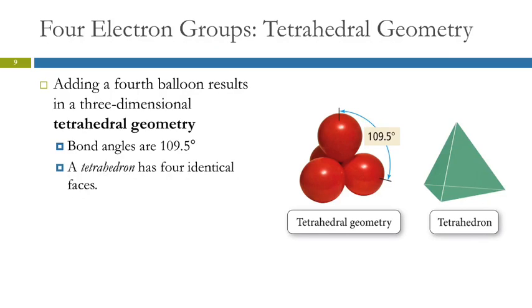We're taking that and dividing it into 4, and I honestly do not remember how to do that, if I ever knew. It's 109.5 degrees. I want you to remember that number, 109.5. So 4 things distributed in 3-dimensional space, 109.5 degrees for their angles.